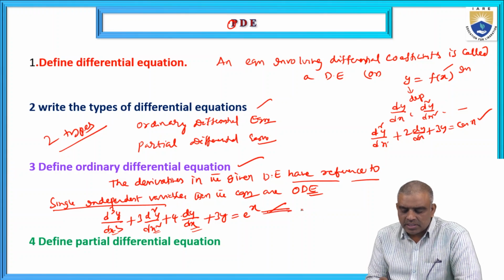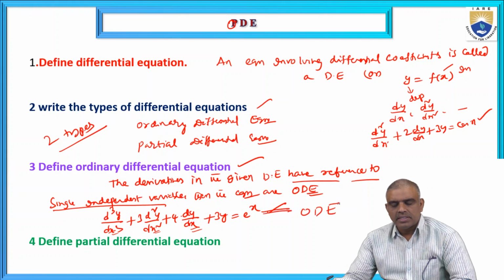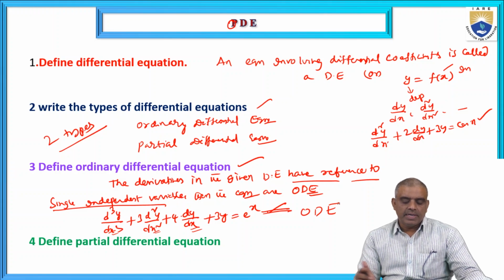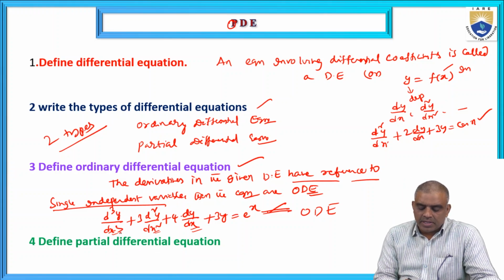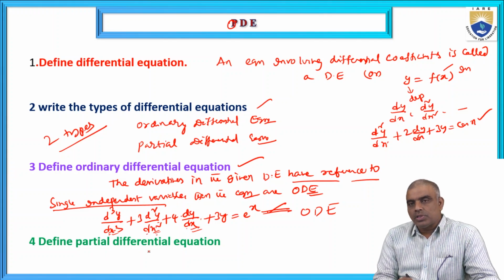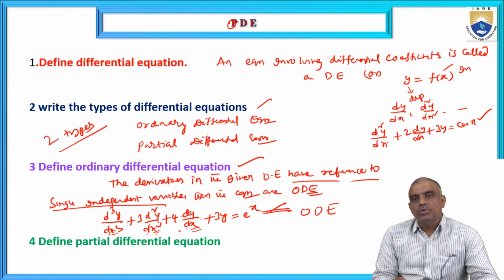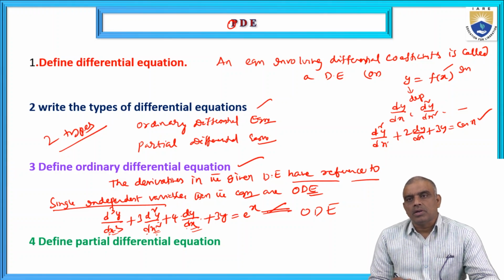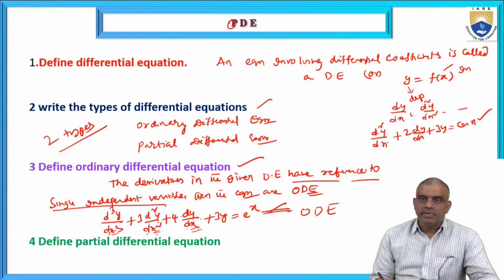So these equations are called ordinary differential equations. Here dx cube, here dx square, here dx, all the derivatives are with respect to x only. So these types of differential equations are called ordinary differential equations.